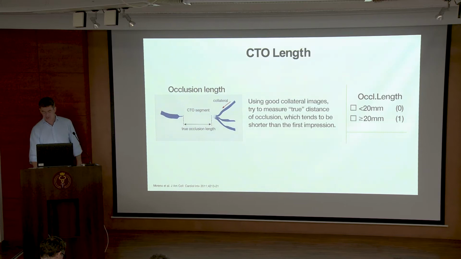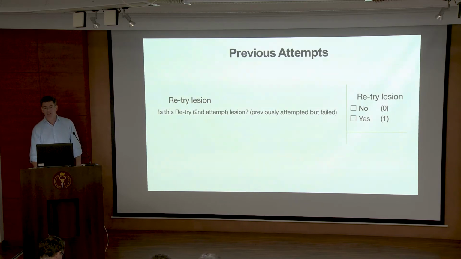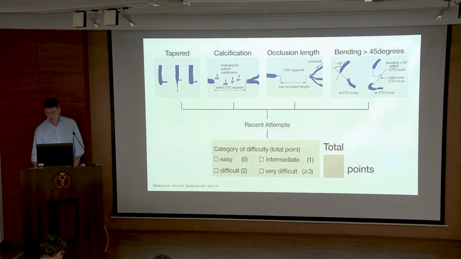So that factors into your JCTO score. If the lesion has been tried before, that has been used as a marker of difficulty, and that gets a point within the JCTO score. So you're looking for vessel tapering, calcification, the occlusion length and tortuosity, and whether it's been done before.